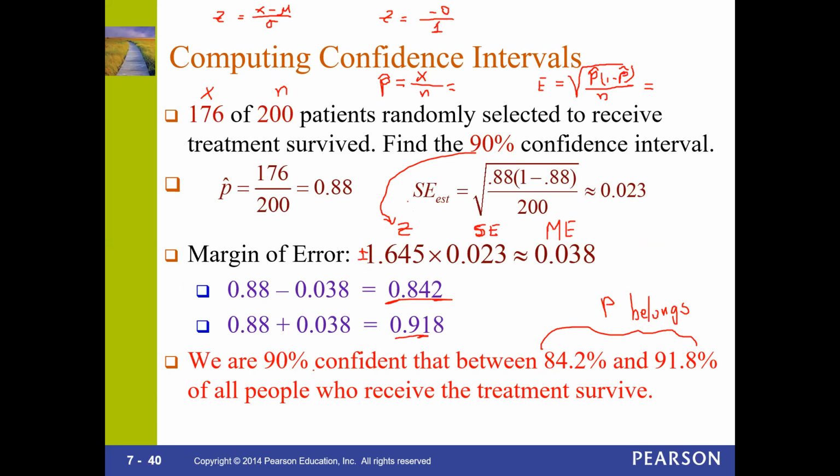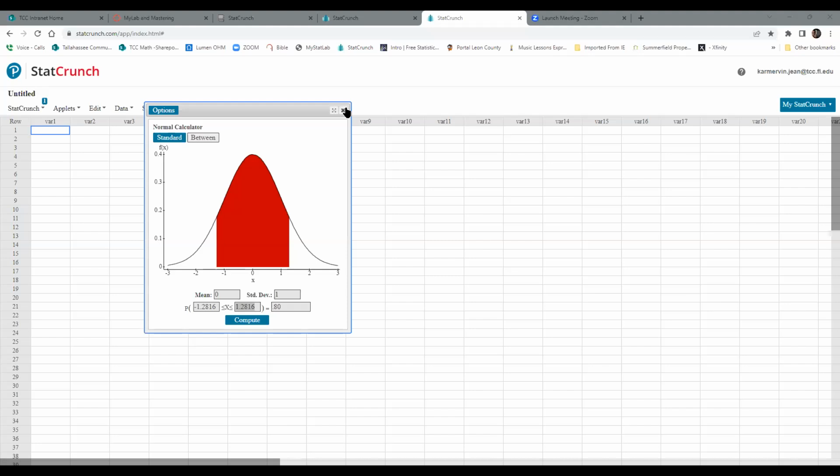Okay, you also can do it in the TI-84, which is given to you whenever you do the preview, the practice for the test. Okay, so let me go share StatCrunch.